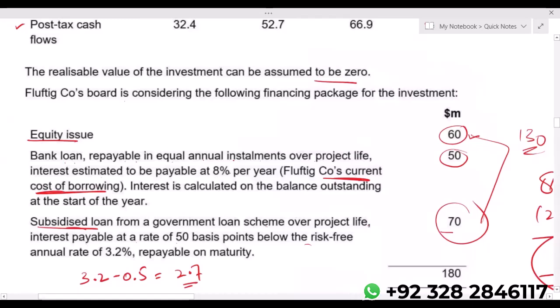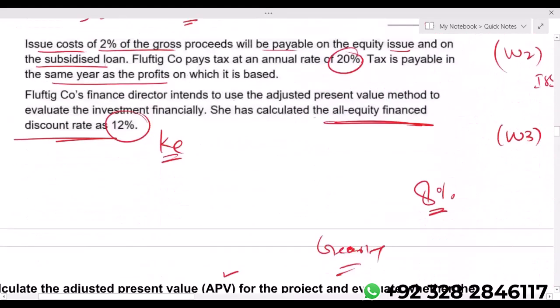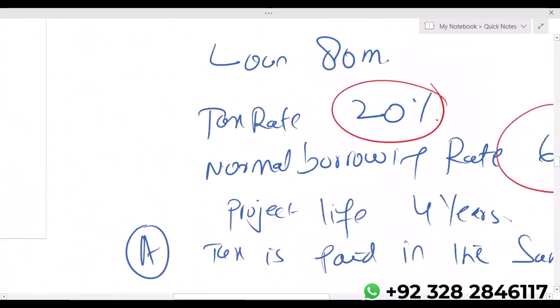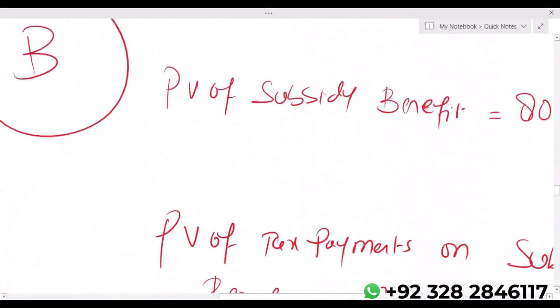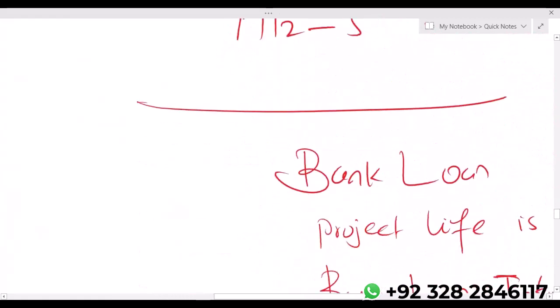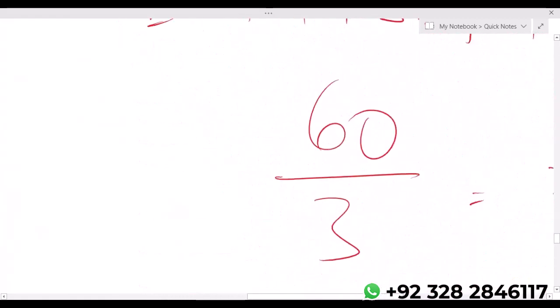Interest rate is 8%. So students, what are we going to do? Can I say first you have to calculate annual equivalent amount? Let me show you working 4.